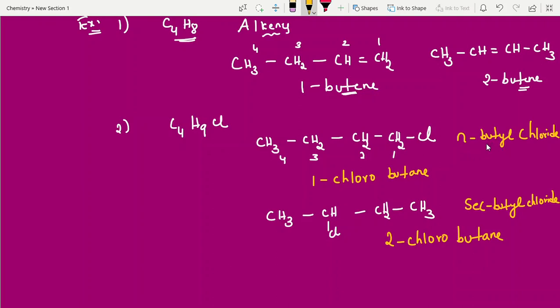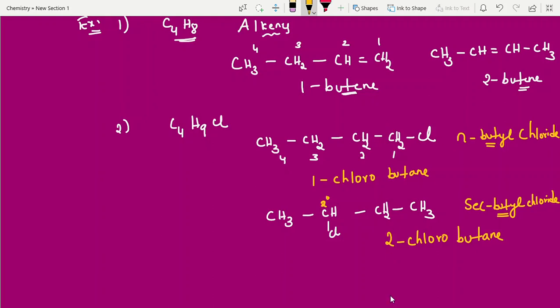Students, they will see like this: here butyl, here butyl. Okay. So the root word is no change. N-butyl chloride, secondary butyl chloride. Secondary butyl means a secondary carbon having chlorine. This is a secondary carbon, right? Why? This carbon is attached to 2 carbon atoms. This is a primary carbon, N-butyl chloride.